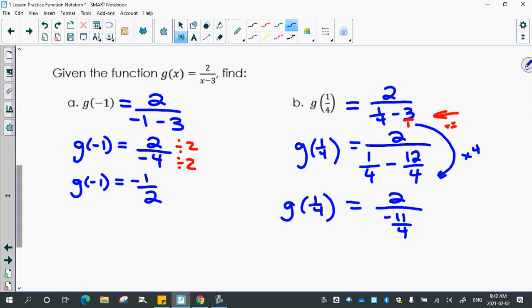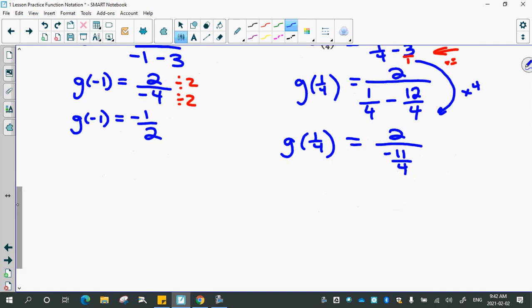Okay, still got a 3-layer fraction, so that can't be my answer. But there's a rule for dividing by a fraction. So this is a divide symbol, and in the bottom we have a fraction. Who remembers the rule for dividing by a fraction? Yep. Multiply by the reciprocal. Good. Flip and multiply, or multiply by the reciprocal. So you keep the first or the top the same, whether it's a fraction or not, and multiply by the reciprocal.